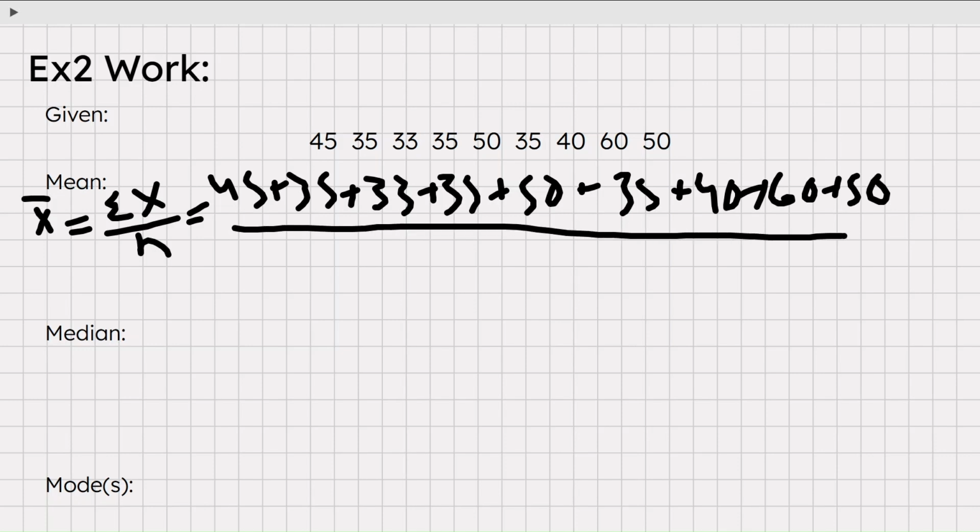Again, sorry for my handwriting. Over the number of values, which is going to be in this case 9. Now after some calculation, this would equal out to 42.556 minutes.